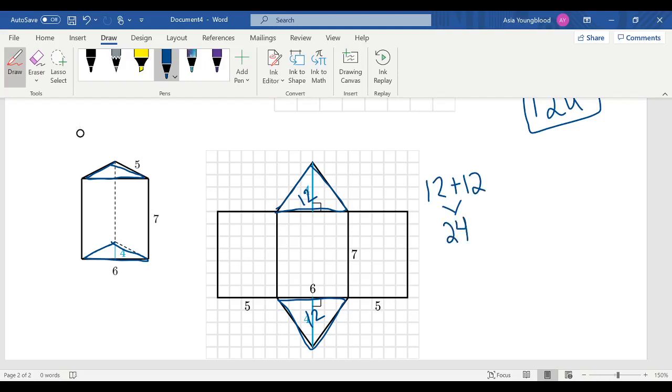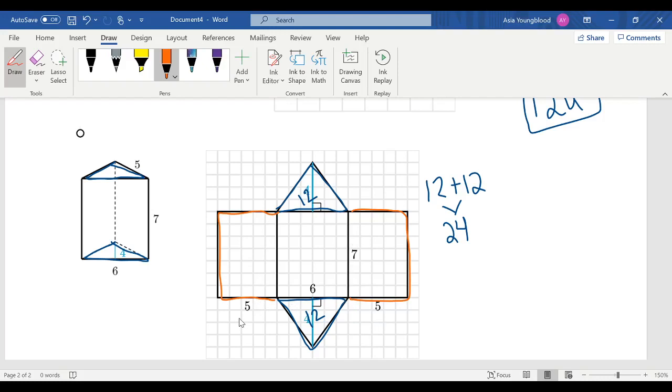Now let's look at the area of these 2 rectangles. So we have this rectangle here that has dimensions 4 by 5. And this rectangle here that has dimensions, I don't know where I got 4 from. This is 7 by 5. So this one is also 7 by 5.